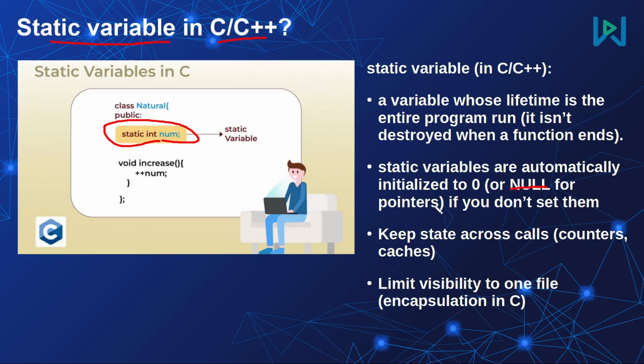Because the lifetime of those static variables will be the entire program run, the content and the state of those static variables will be kept across the different function calls. Finally, what is more specific about those static variables compared to the standard C variables is the limited visibility.